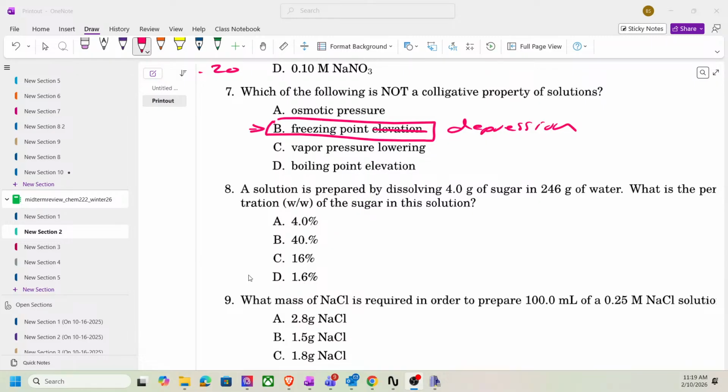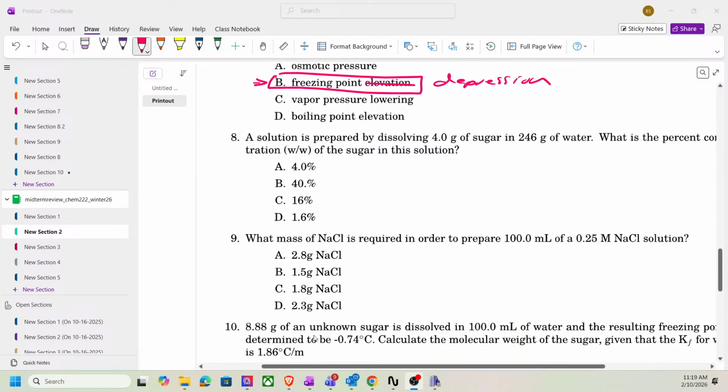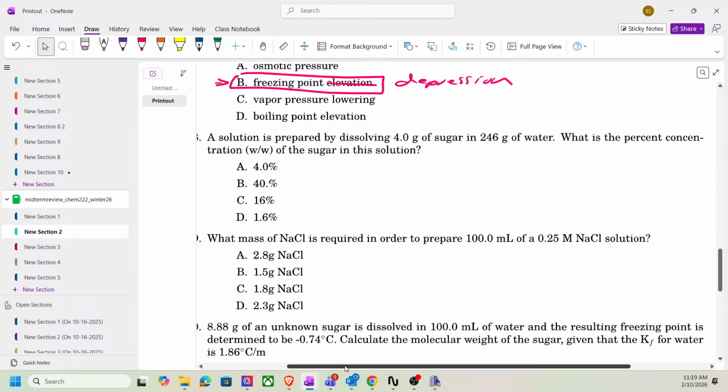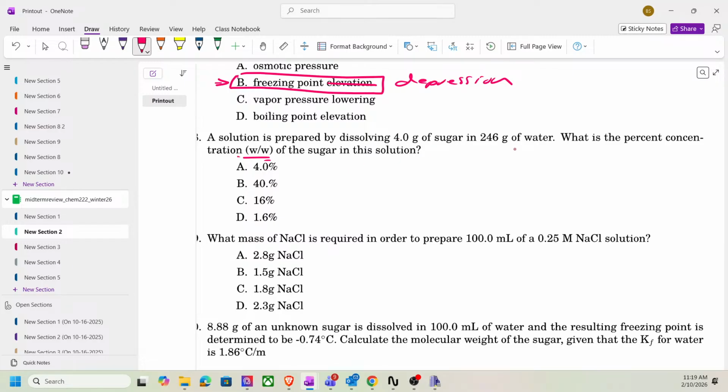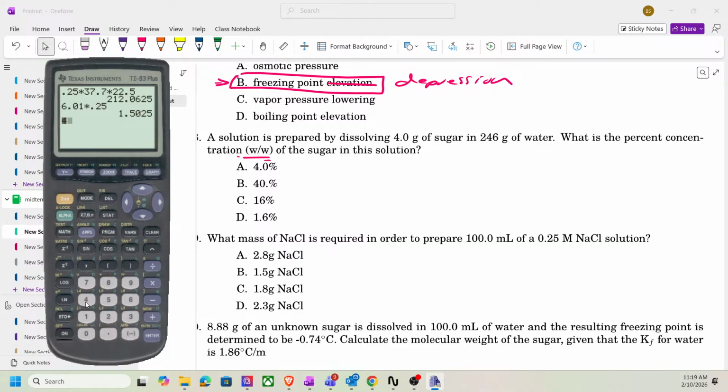All right, 8. So what do we get for this one? So percent concentration, notice it's just weight by weight. So it should just be 4 divided by 246 to get our percentage. The way I think they wanted to do it is weight per weight.